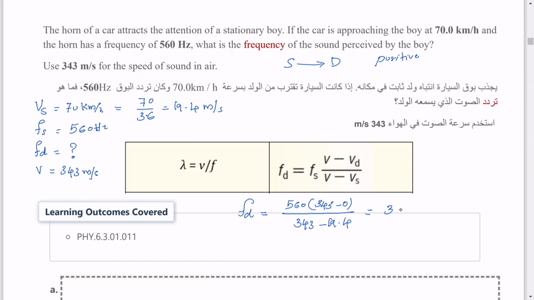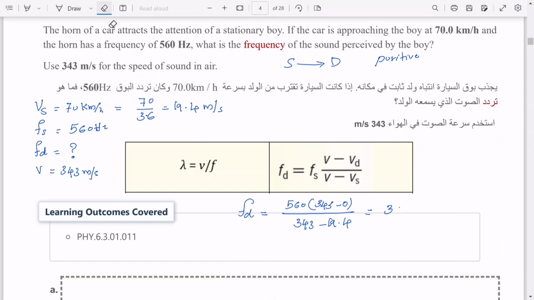The frequency of the received sound by the buoy is 593. When you do the calculation, you will get 593 hertz.